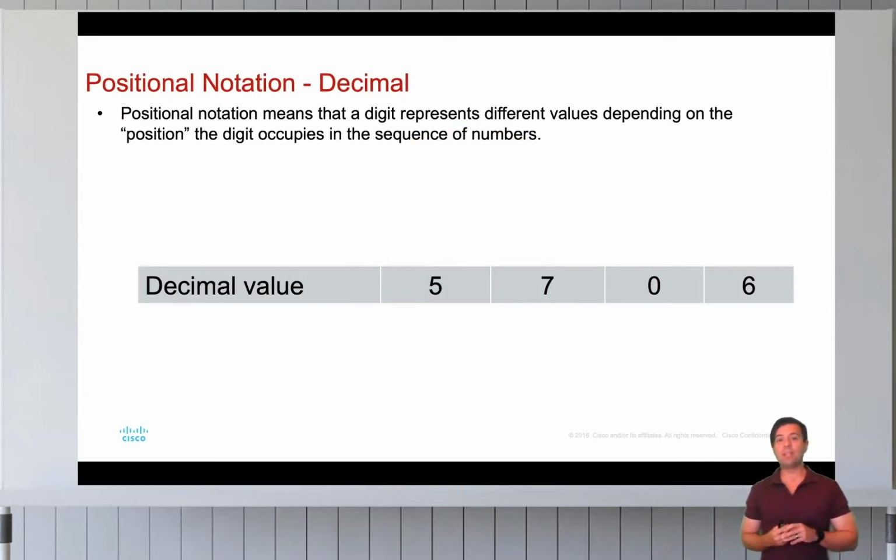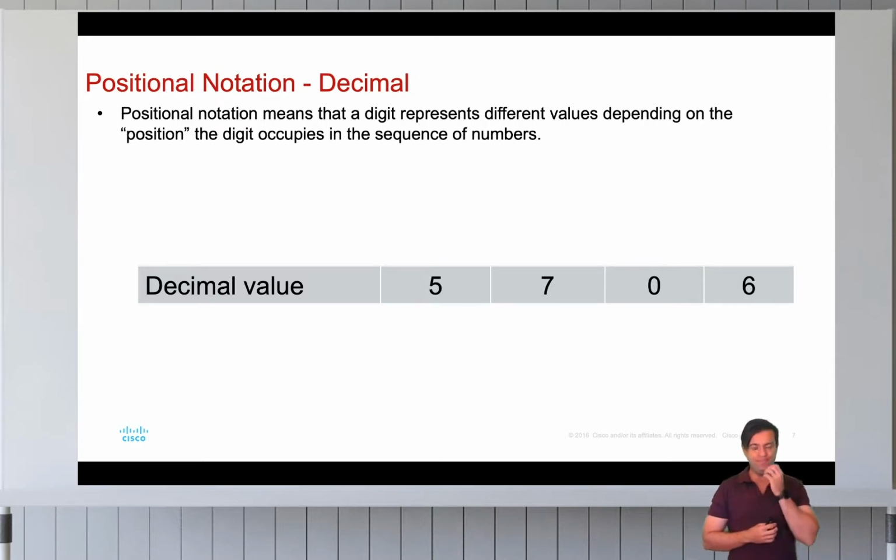So before we get into binary, let's first take a closer look at decimal. Both binary and decimal make use of positional notation, meaning that wherever the digit is in the sequence of the value, it presents a different value according to its position. What do we mean with this?